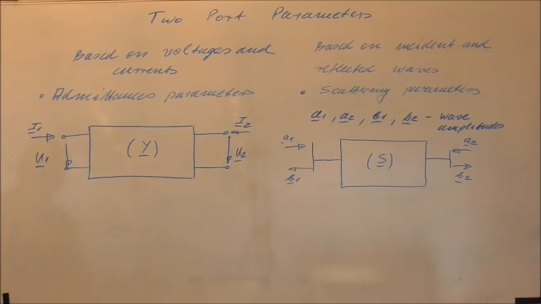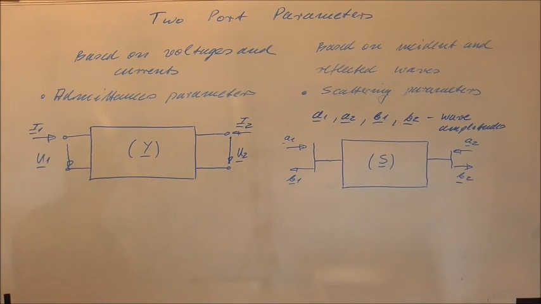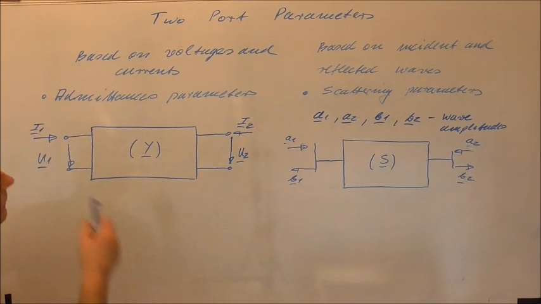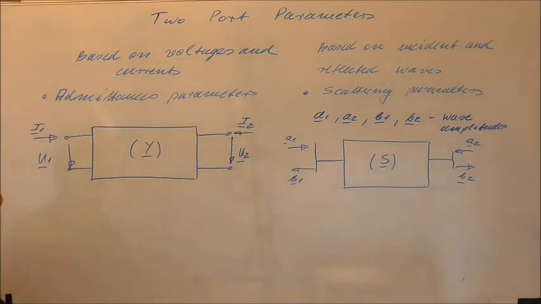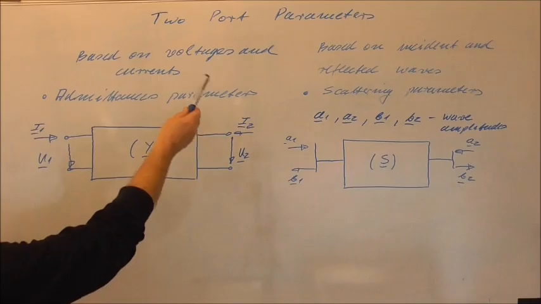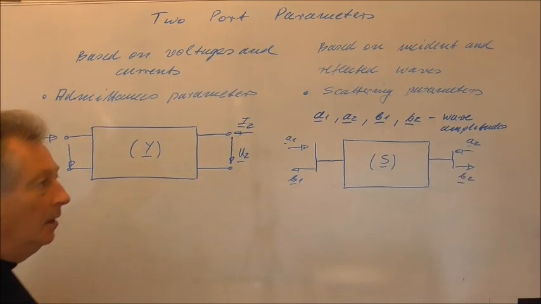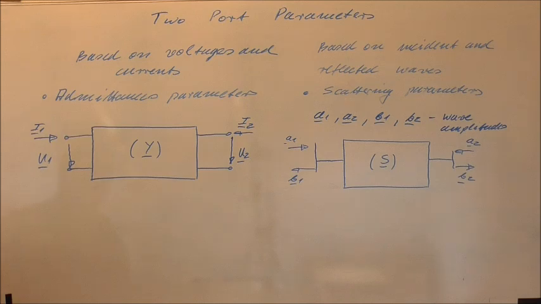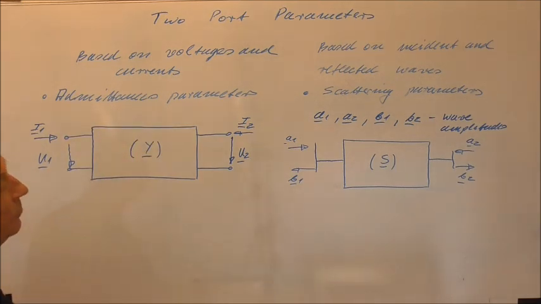So today I want to start the discussion of so-called two-port parameters. We use in RF engineering two different kinds of parameters. One kind of parameter is based on voltages and current, and in earlier days of RF engineering, especially the admittance parameters were used to describe linear networks.